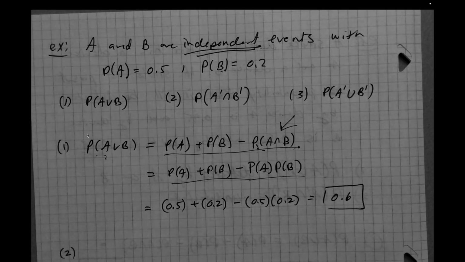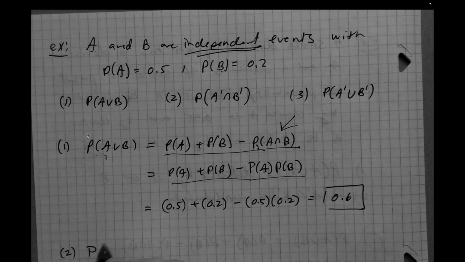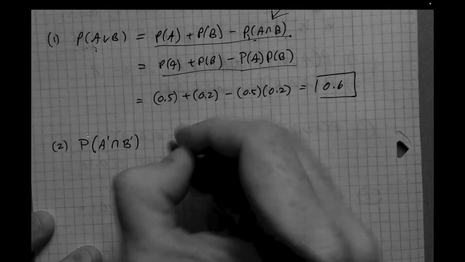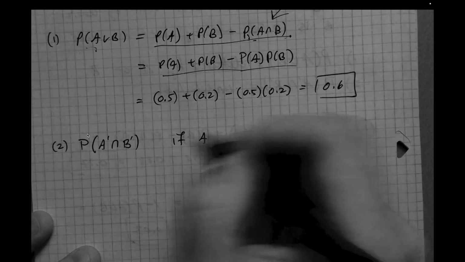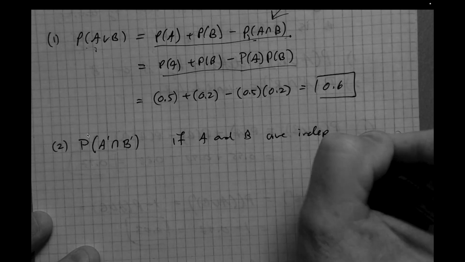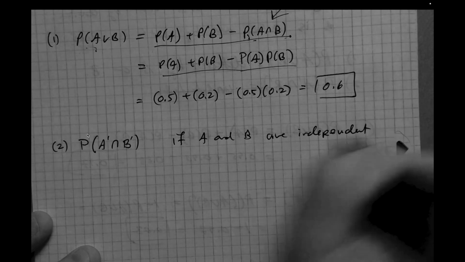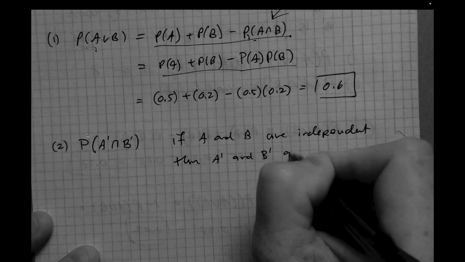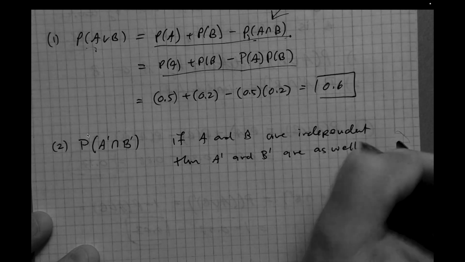Part 2: here we're looking for the probability of A complement and B complement. How do we do this? The key is to recognize that if A and B are independent, then A complement and B complement are as well.